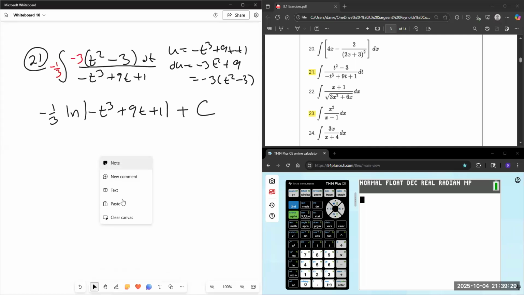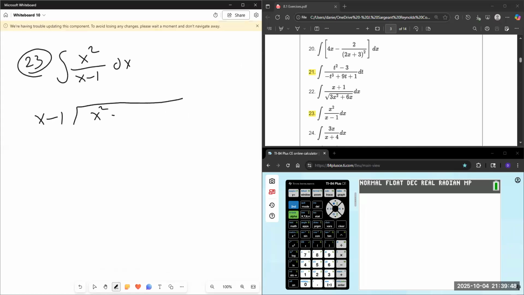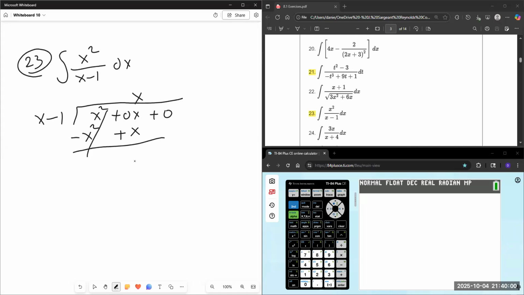Let's look now at number 23. 23 says integral of x squared divided by x minus 1 dx. The degree at the top is greater than or equal to the degree at the bottom, so x minus 1 goes into x squared plus 0x plus 0. X goes into x squared x times, x squared minus x. Change my signs and add, x plus 0.